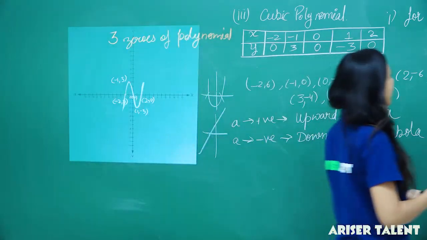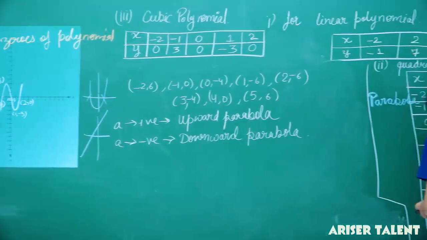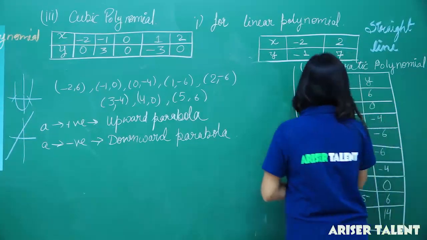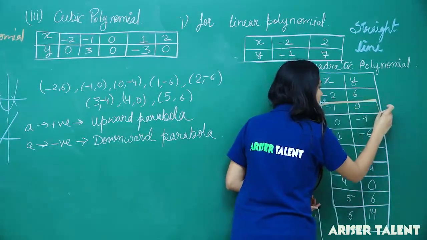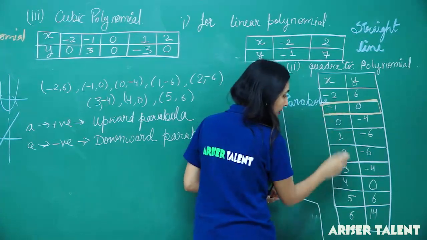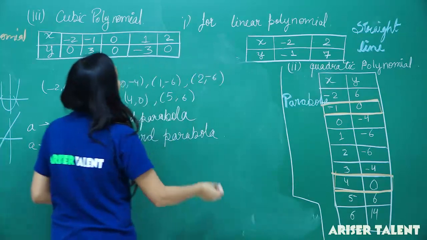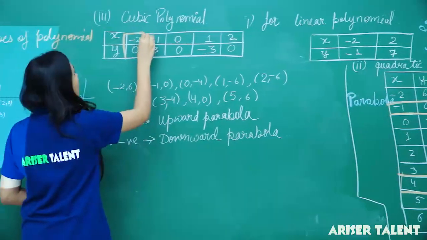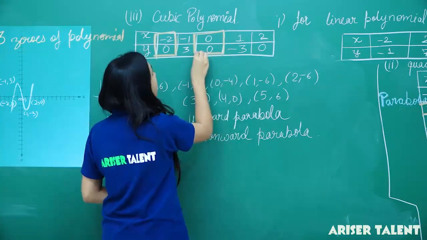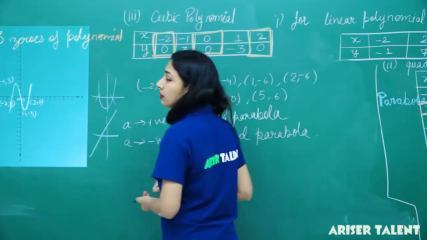And we can identify it here also like this. In the quadratic one we were having 0 here and here, and in the cubic one we are having 0 here and here and here.